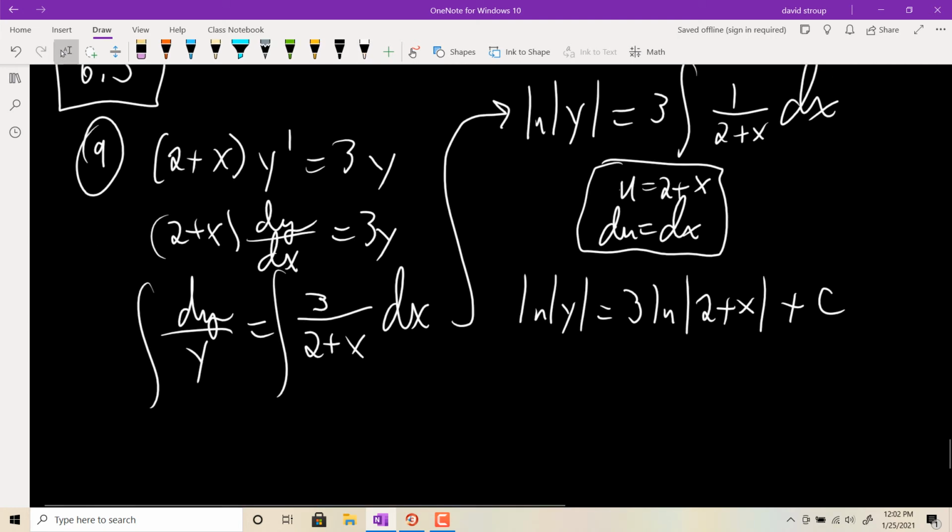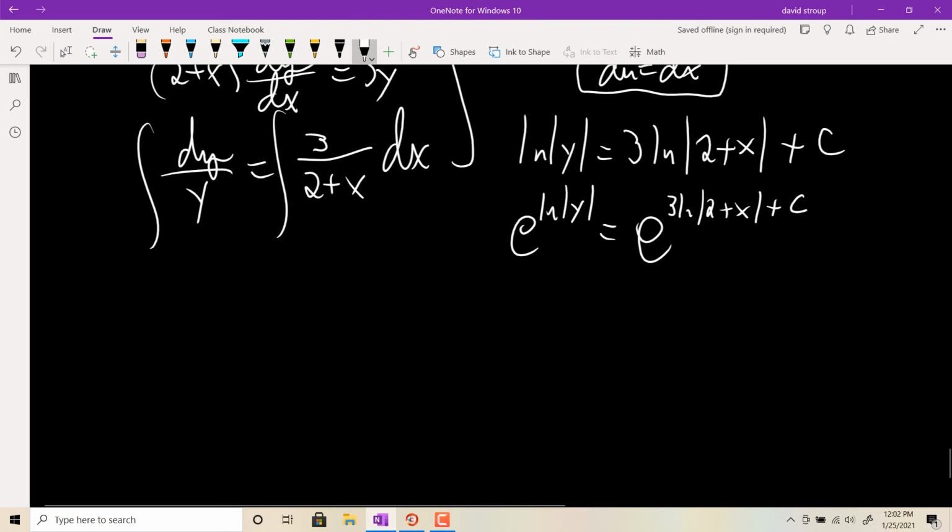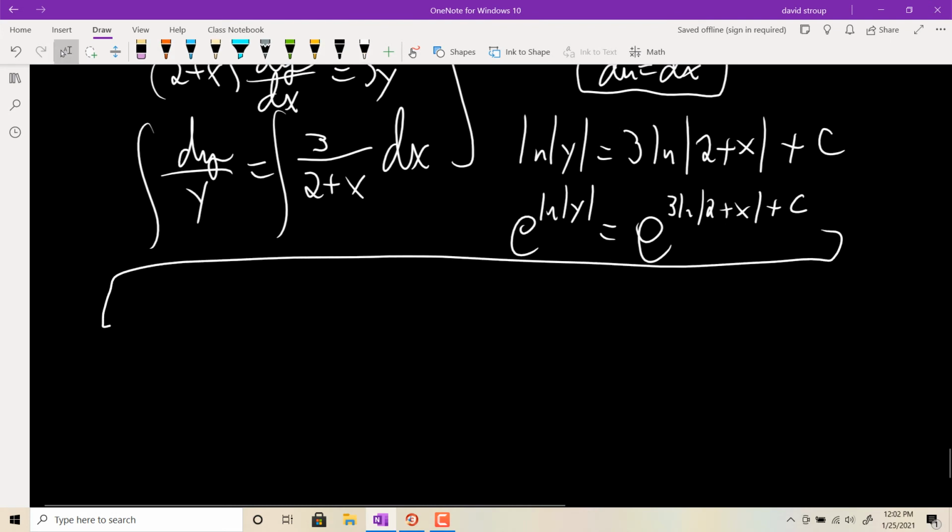Okay. And then you want an explicit solution. So you're going to exponentiate both sides. So you get e to the ln absolute value of y equals e to the 3 ln absolute value of 2 plus x plus c. On the left, you're going to rewrite that as absolute value of y. On the right, you're going to split it up into two exponential parts, e to the c times e to the 3 ln absolute value of 2 plus x.